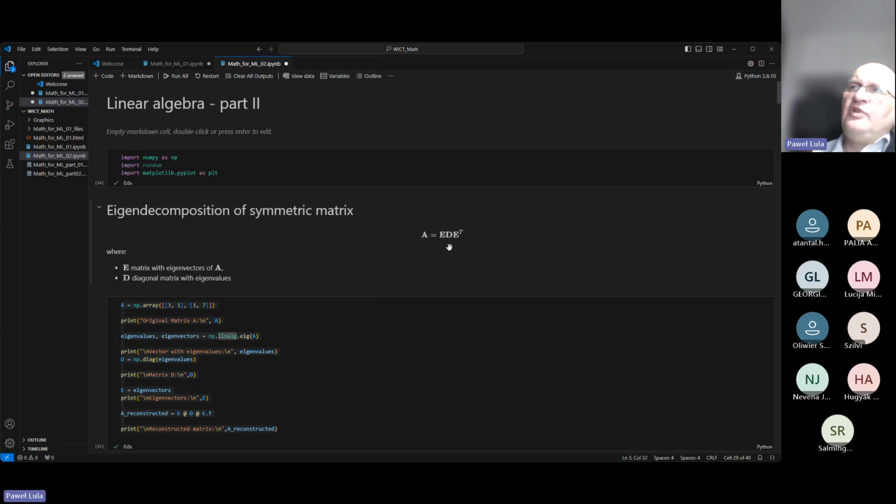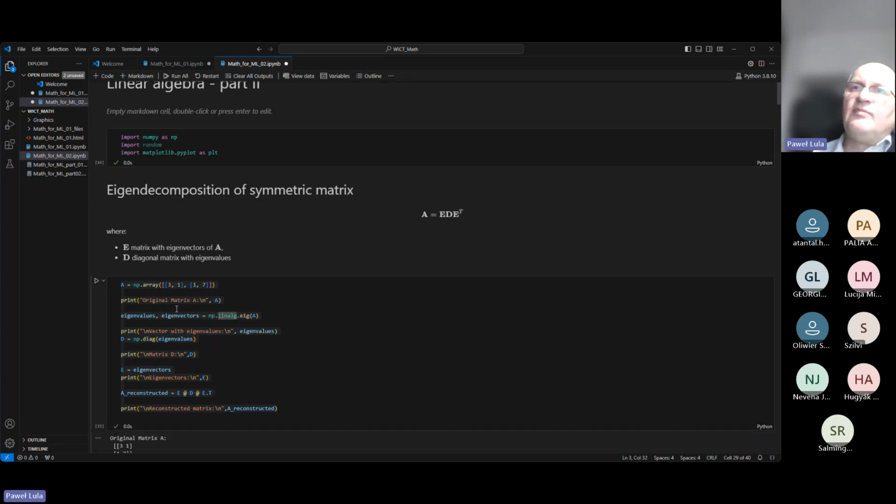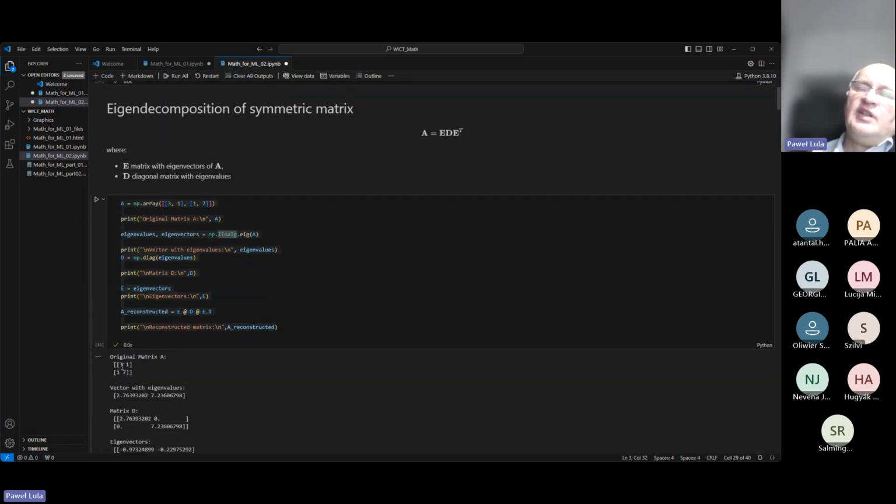So please look at this formula. We can assume that we have a matrix A. It is a square symmetric matrix, for example, this matrix. On the main diagonal, we have values 3 and 7, and on the opposite sides of this main diagonal, we have the same values, 1 and 1.